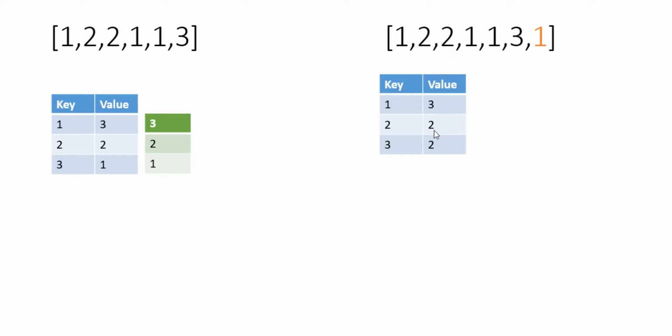We're going to use the same hash set algorithm. We take the value of 3 and add it, and then we add the value of 2, and then we try to add another value of 2, but since set doesn't allow duplicates, we ignore this second value of 2.